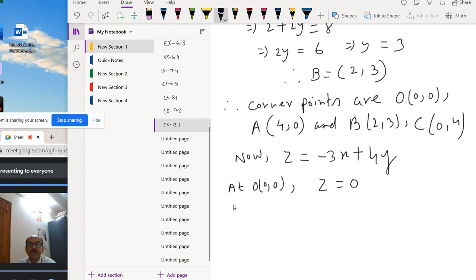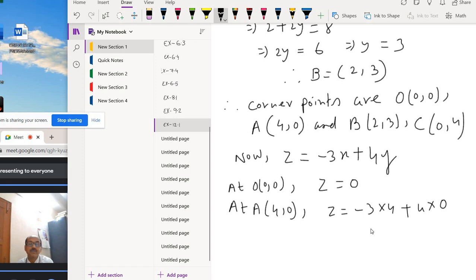Now at A, the point is 4 comma 0. So z equals minus 3 into 4 plus 4 into 0. So it is minus 12.